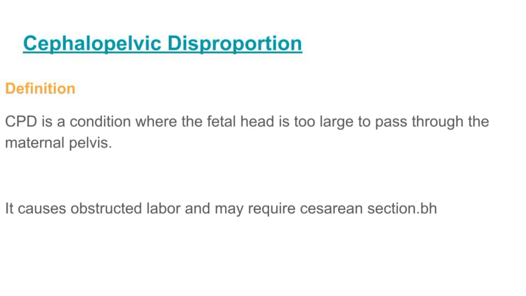So simply we can say cephalopelvic disproportion is when the baby's head or body is too large to pass through the maternal pelvis. The body or head of the fetus may be very big, so it cannot easily come out through the maternal pelvis. This is also called cephalopelvic disproportion. The disparity in the relation between the head and the pelvis of the mother is called CPD.